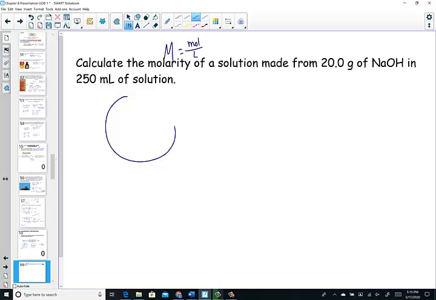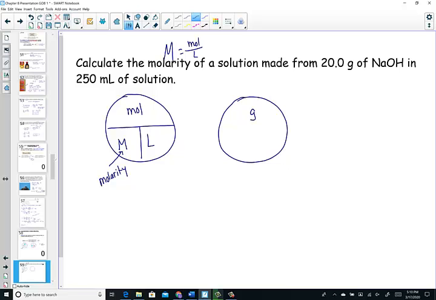So I'm going to just redraw those round little buddies a moment, just from the previous page. And I just want us to remember what this stands for is molarity. It's a concentration unit for moles per liter. And the other one I just drew is the round little buddy for calculating moles. That grams over molar mass is our definition of a mole.